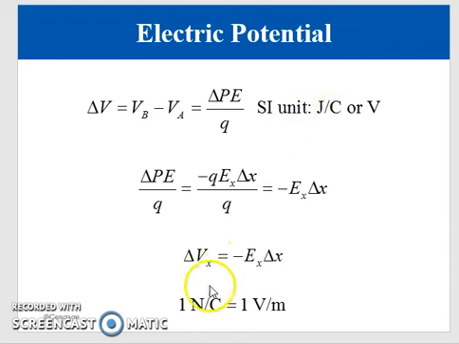Now the electric field is newtons per coulomb, and if I take the electric field, newtons per coulomb, and multiply it by the displacement, which will give me another unit of meters, then to get the voltage, the units would come out to be the electric field is 1 volt per meter.